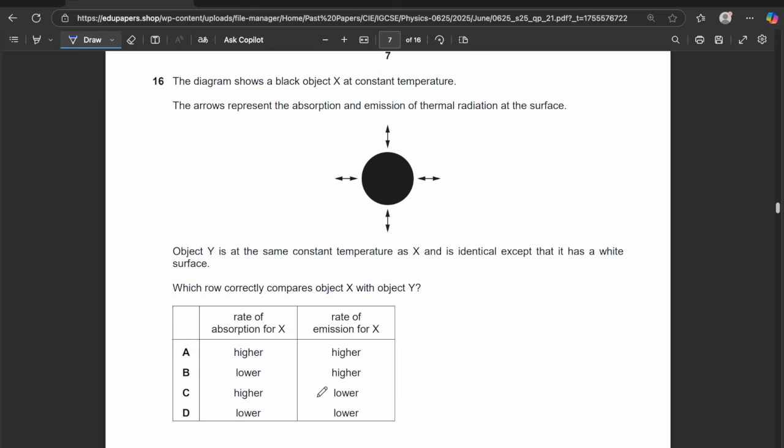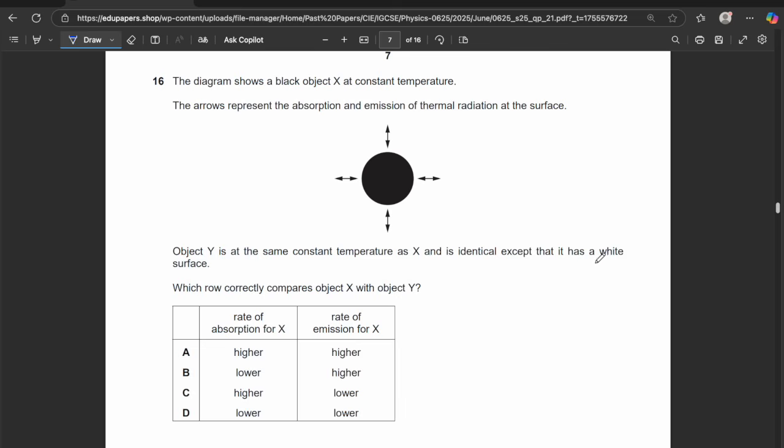16. The diagram shows a black object at constant temperature. The arrows represent the absorption and emission of gamma radiation at the surface. Object Y is at the same constant temperature as X, and it's identical except that it has a white surface. Which row correctly compares object X with object Y?